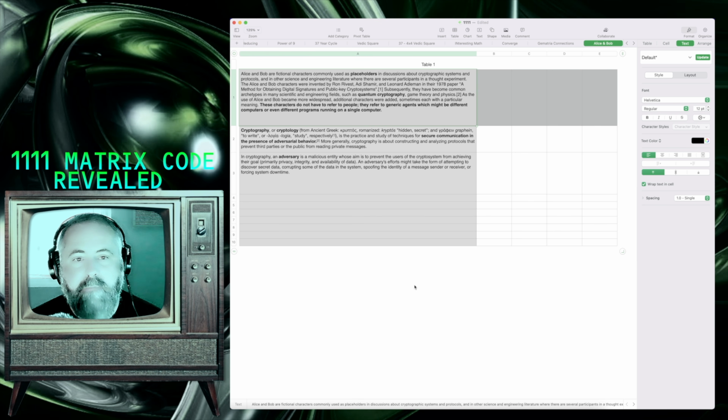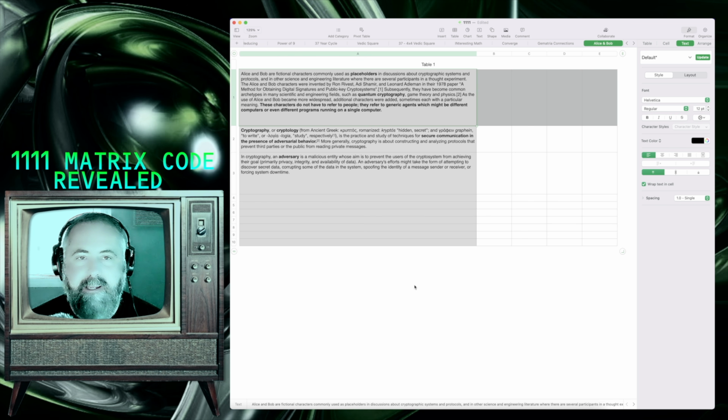Subsequently, they have become common archetypes in many scientific and engineering fields such as quantum cryptography, game theory and physics. As the use of Alice and Bob became more widespread, additional characters were added, sometimes each with a particular meaning. Now, this last sentence is in bold.